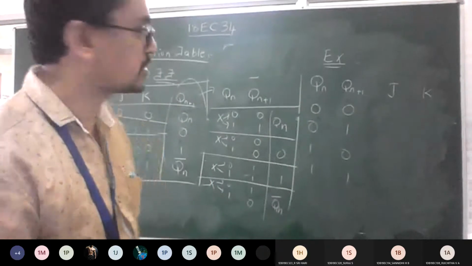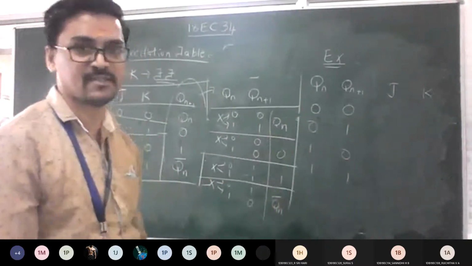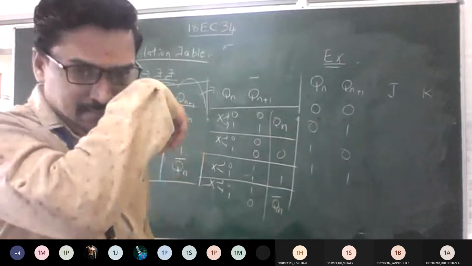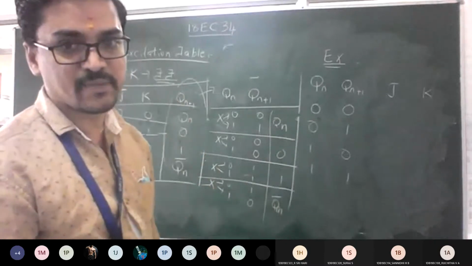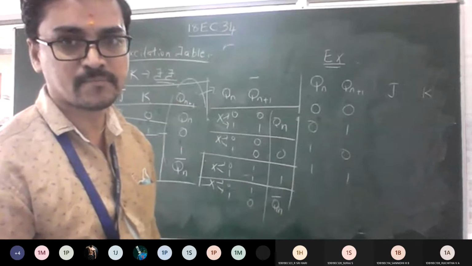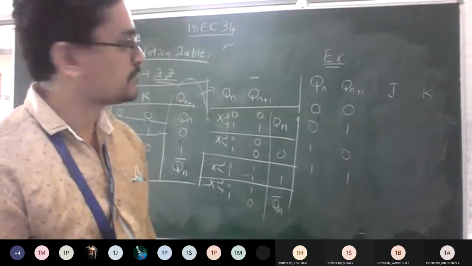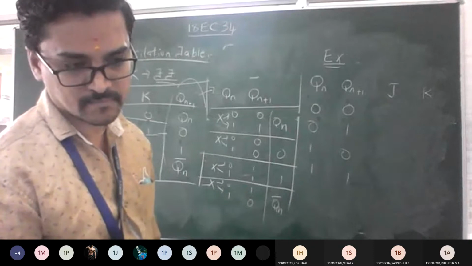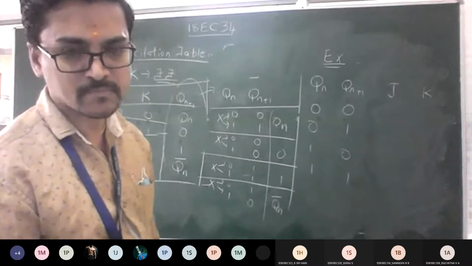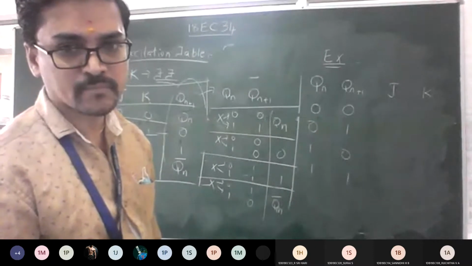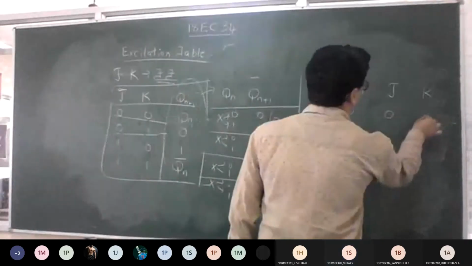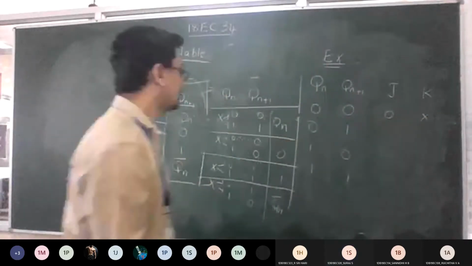Yes, sir. Okay. So now can you tell me the answer for this excitation table of JK? For 0 0, what is the output here? 0 X. Okay, verify that.